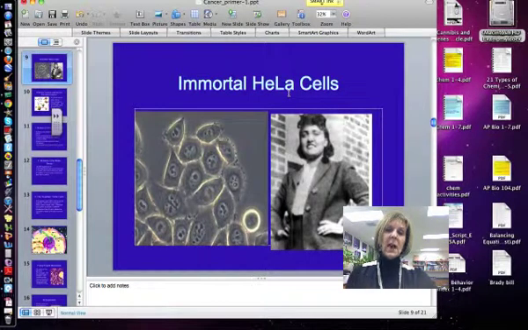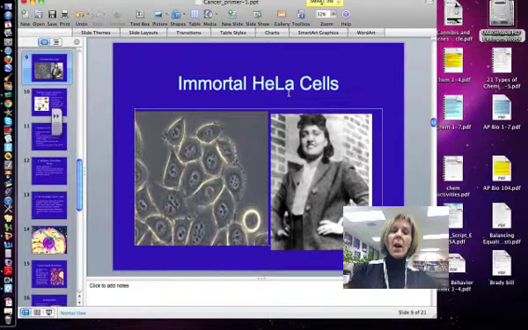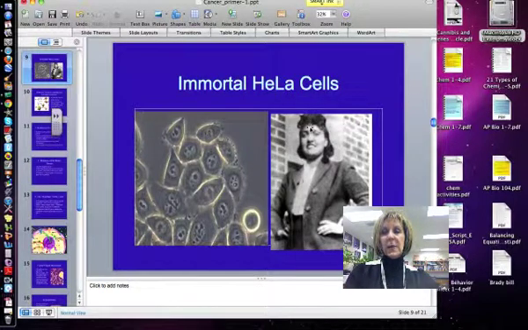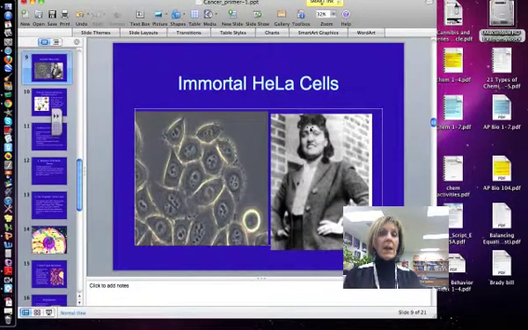And these were cells that were from the cervical tissue of Mrs. Henrietta Lacks, who died very shortly after these samples were taken. And so her story is a very interesting one about ethics and research and the idea of who owns tissues and who owns biological properties and things.